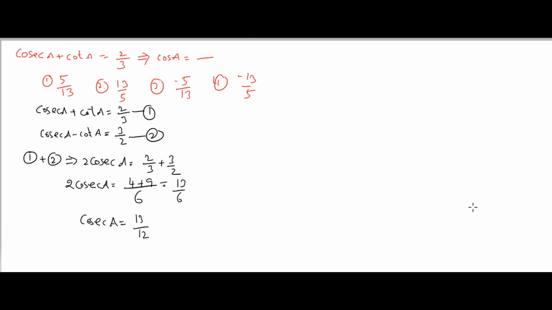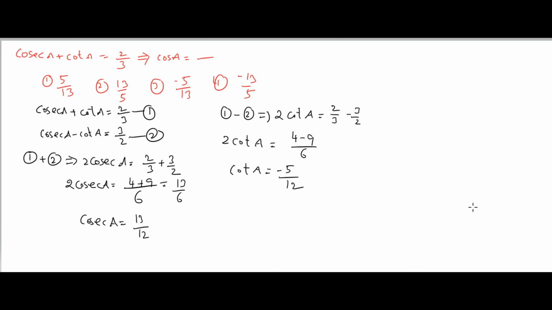Now subtracting these two equations, first equation minus second equation, cosec A cancels, cot A plus cot A, that is 2 cot A is equal to 2 by 3 minus 3 by 2. 2 cot A is equal to 4 minus 9 by 6. Cot A is equal to minus 5 by 12.